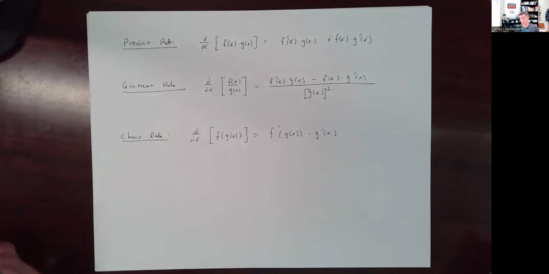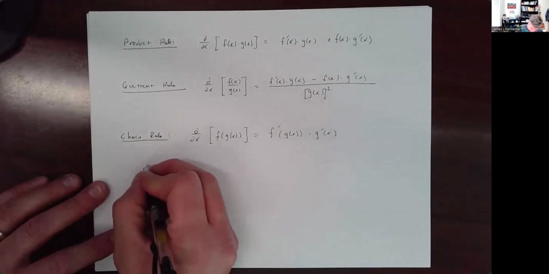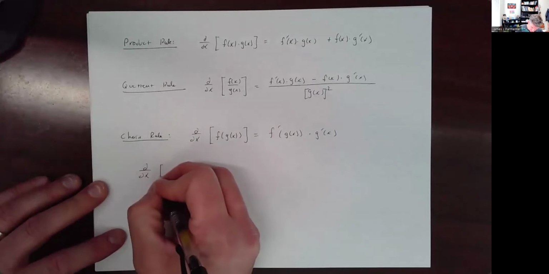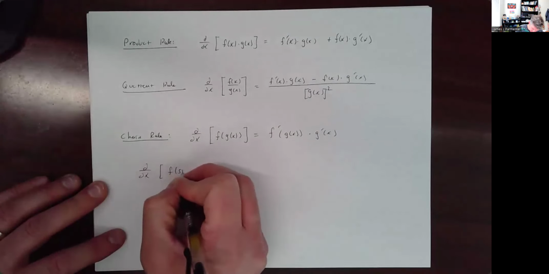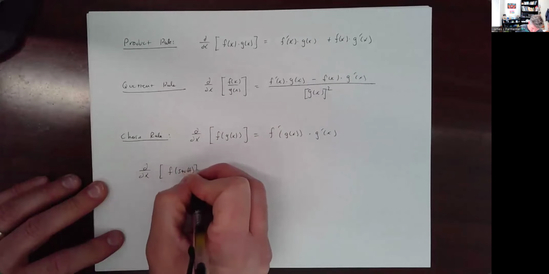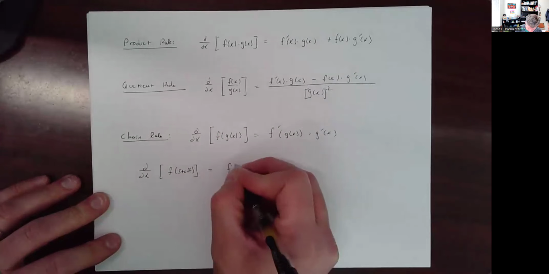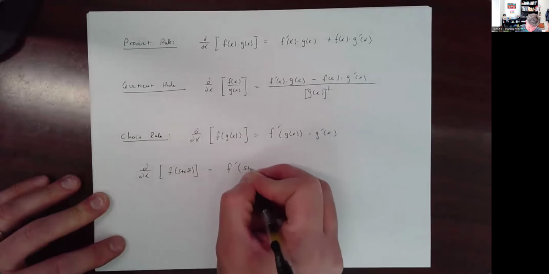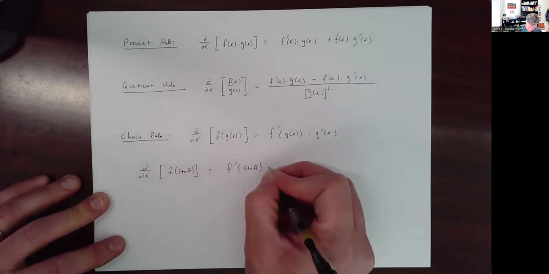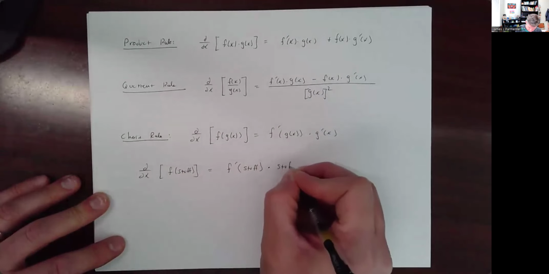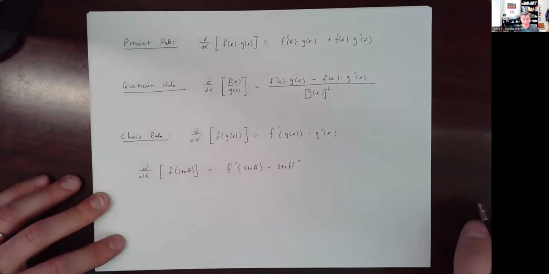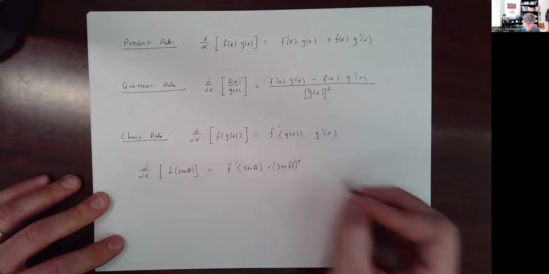The way I would usually say it is, if I'm taking the derivative of a function of some stuff, where the stuff is like g of x, it's going to be equal to the derivative of the outer function, leave the inner stuff alone, multiply by the derivative of the inside stuff. That's how I like to say it and think of it.